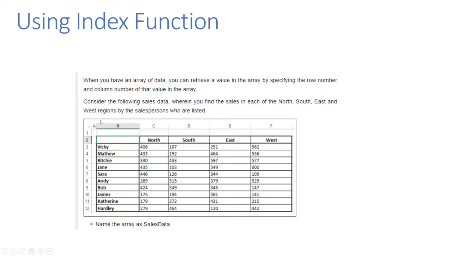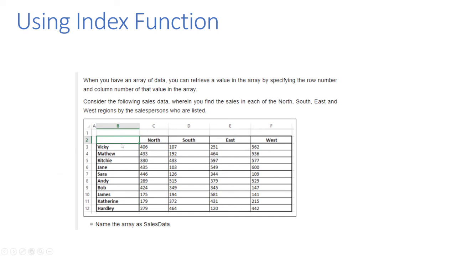Using the INDEX function. When you have an array of data, you can retrieve a value in the array by specifying the row number and column number of the value in the array. Consider the following sales data, wherein you find the sales in each of the north, south, east, and west regions by the salespersons who are listed.